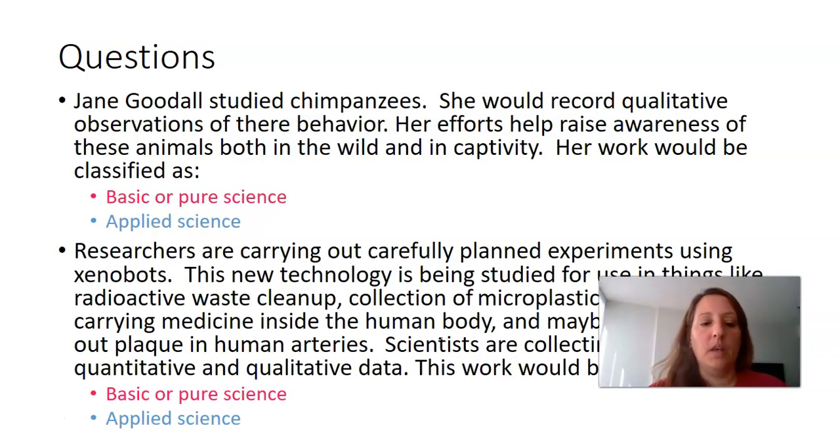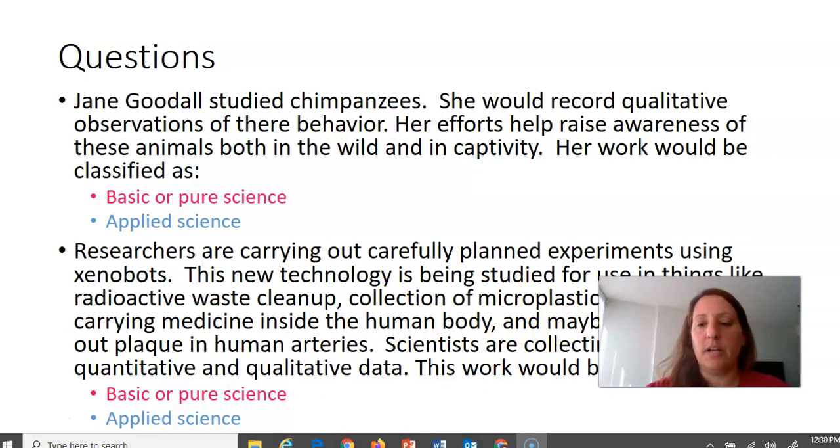A couple more. These are examples that we actually already saw. So Jane Goodall's studies of chimpanzees. Again, she would record qualitative observations of their behavior, and her efforts did help raise awareness for these animals in both the wild and captivity. Her work would be classified as, this is kind of a trick question.